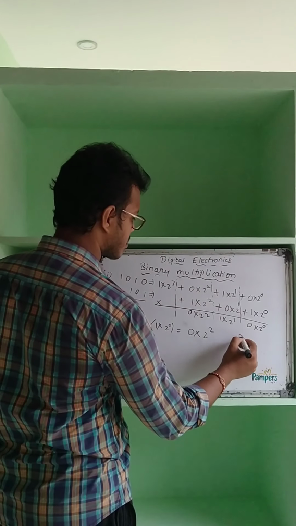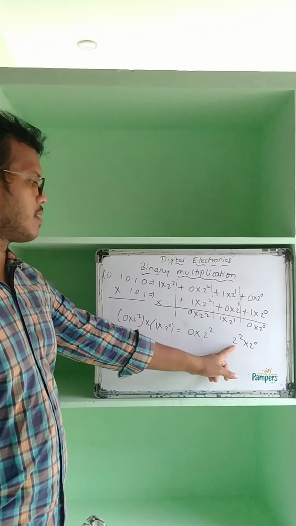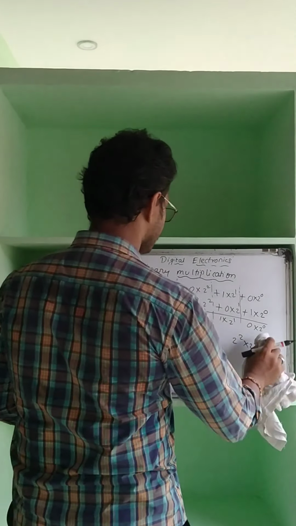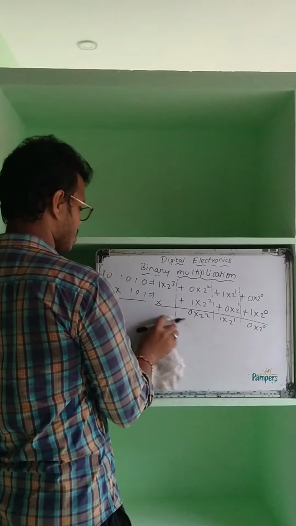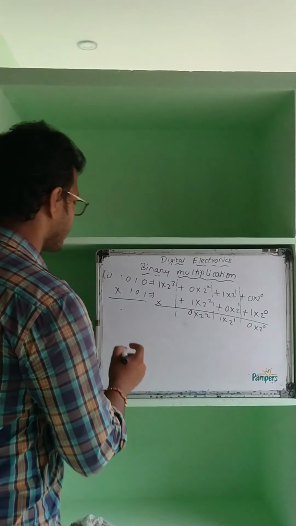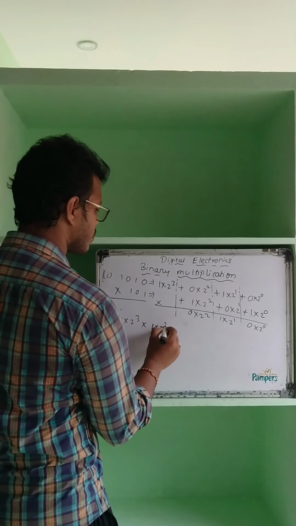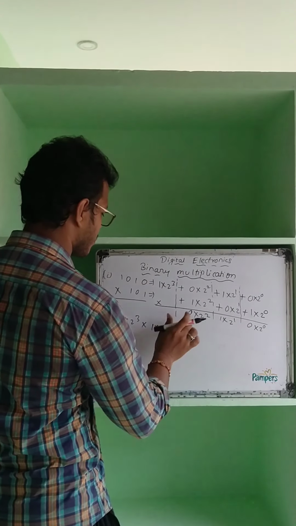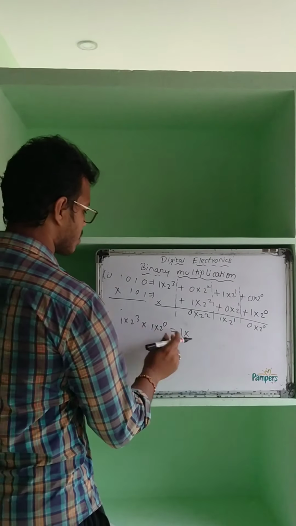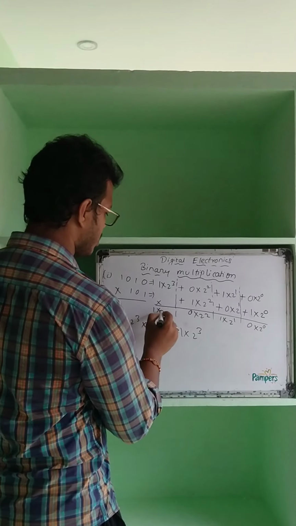Then 1 into 2 cube multiplied by 1 into 2 power of 0: when the bases are the same, add the powers. So 1 into 1, 1 into 2 cube. The answer is 1 into 2 cube.